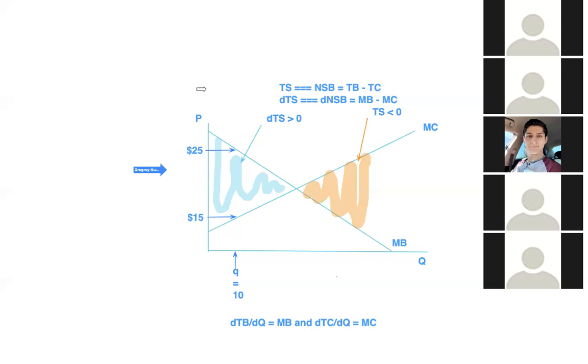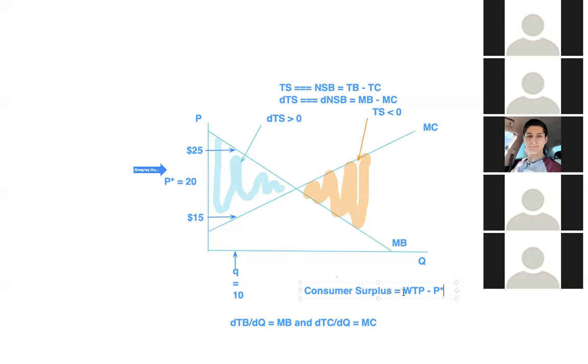The truth is that we do have labels for the division of the gains from trade between the two parties. If I say P star is equal to 20, then there's consumer surplus, which is equal to willingness to pay minus P star.